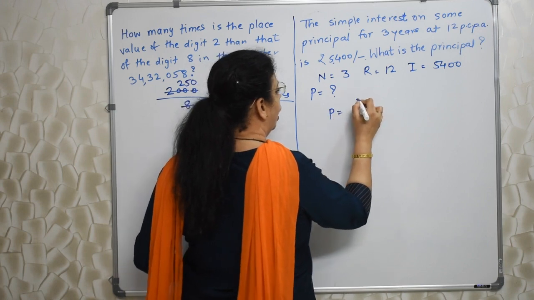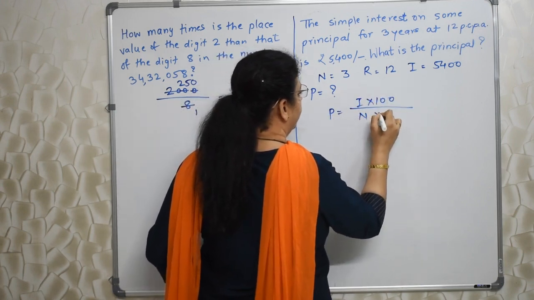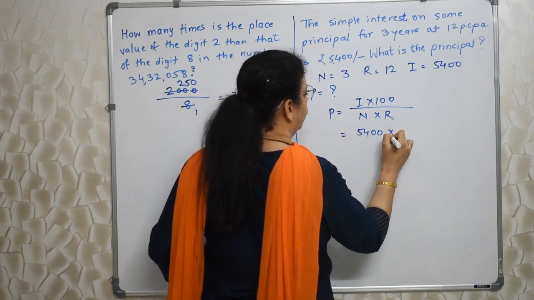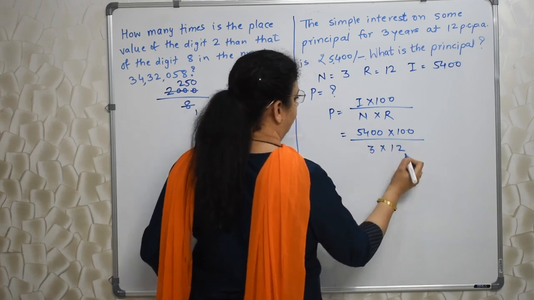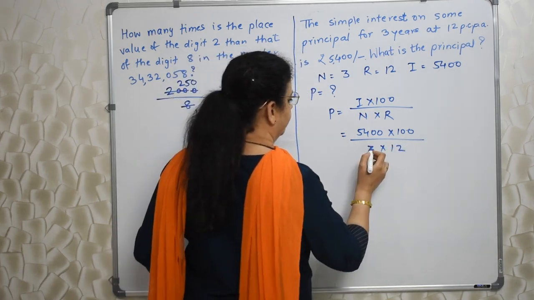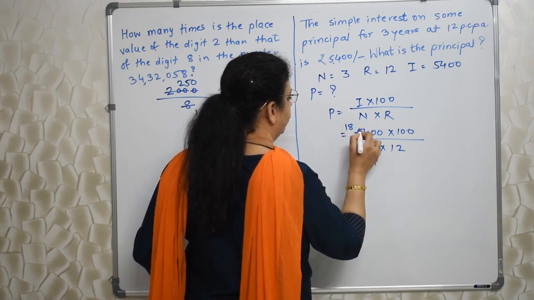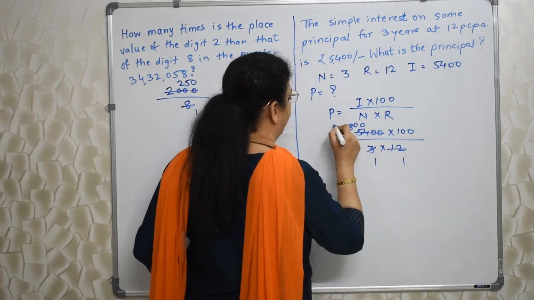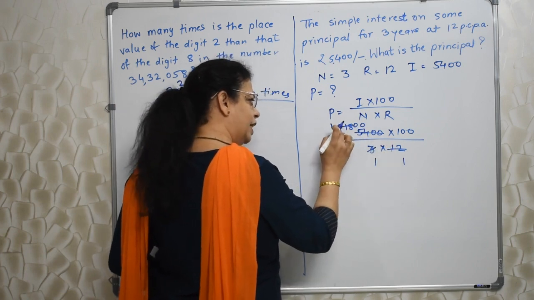So P का formula क्या है? P is equal to I into 100 upon N into R. I कितना है? 5400 into 100 upon N is 3, R is 12. So let us do it. 3 ones are 3, 3 eights are 24 and then 2 zeros. 12 ones are 12, you can do it by 2, by 3, by 6, doesn't matter.